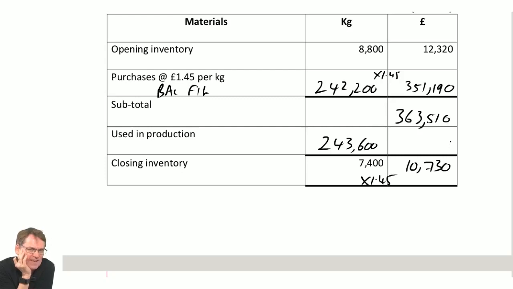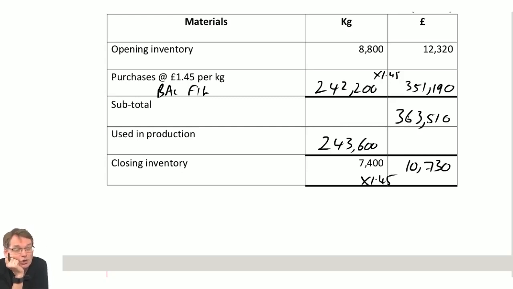Now, one obvious thing to do then would be to say, well, the amount we've used in production, surely that will also be £1.45. So we just stick 243,600 times £1.45, and that would be the amount used in production. That's not true.